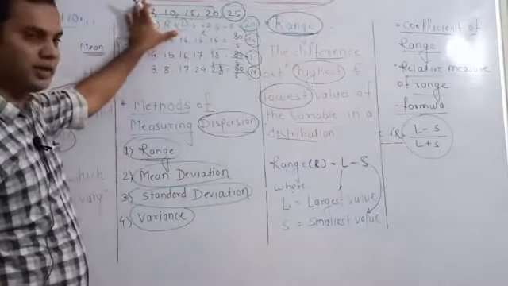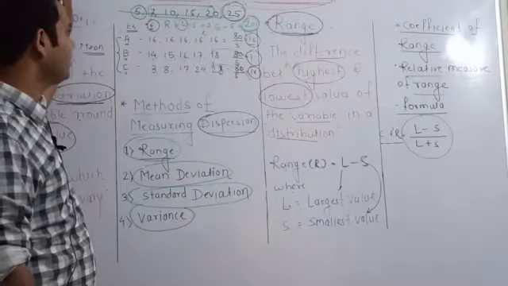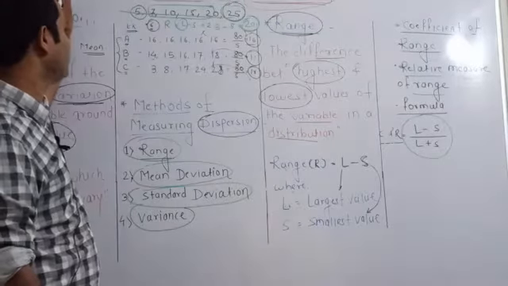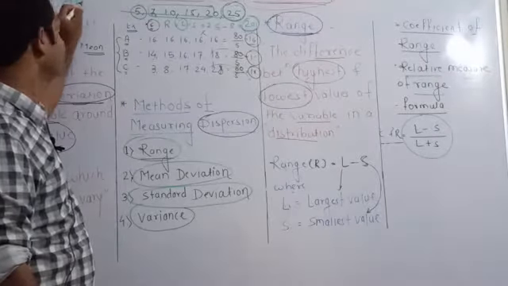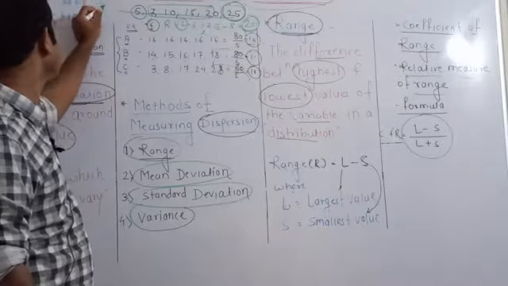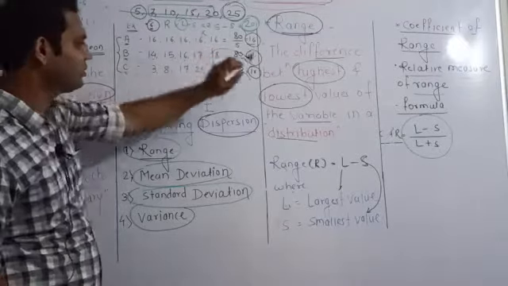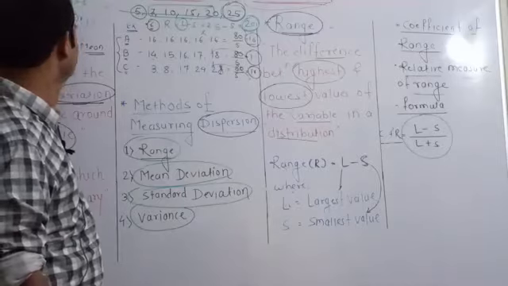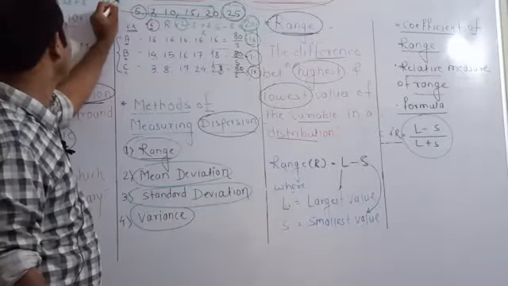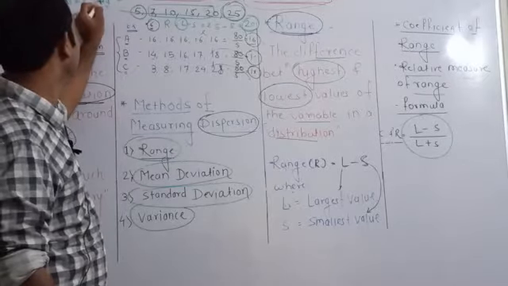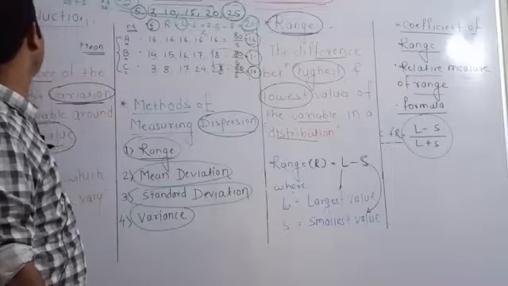If you take the same data set, L is your largest value, 25, so 25 - 5 upon 25 + 5 becomes 20 upon 30, which is around 0.66. So it is your coefficient of range.